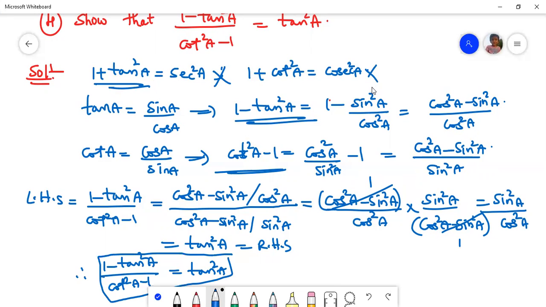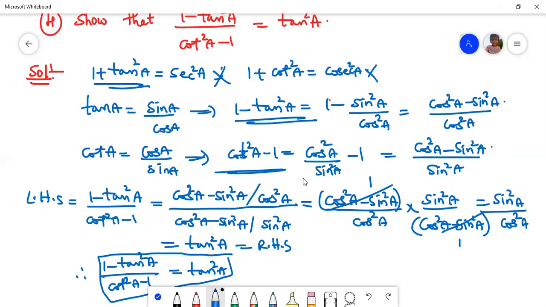So again, I think tan and cot can both be expressed in sin and cos, to see if any simplification is there or not. Just take 1 minus tan square, it is in cos and sine, and cot square A minus 1 is also in cos and sine. By observing this, the numerator values are the same.